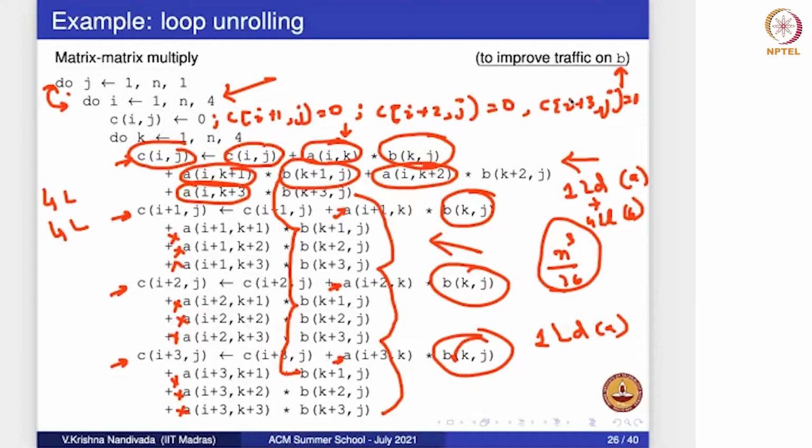Sir, I have a question. Sure. In the first slide about loop unrolling, you mentioned subtle secondary effects. What are those? Very good. See, what happened is I have increased the size of the loop body.